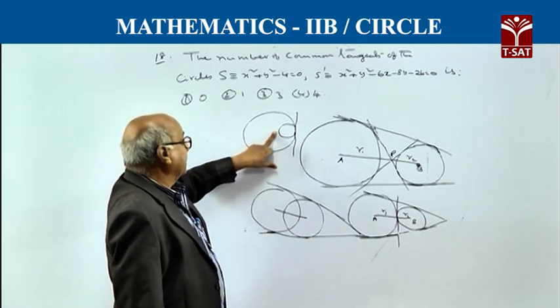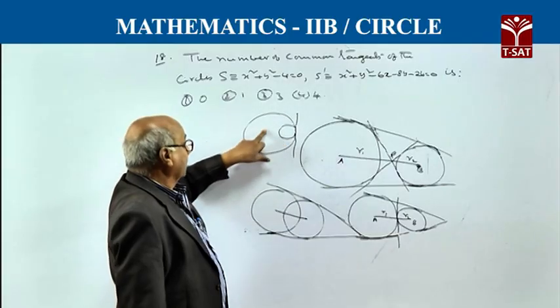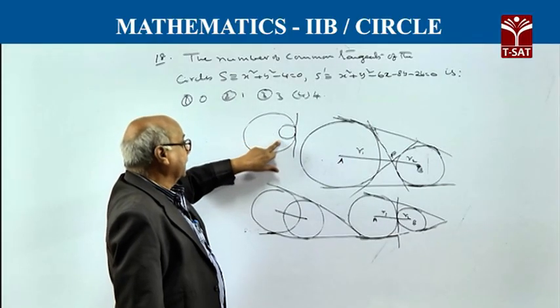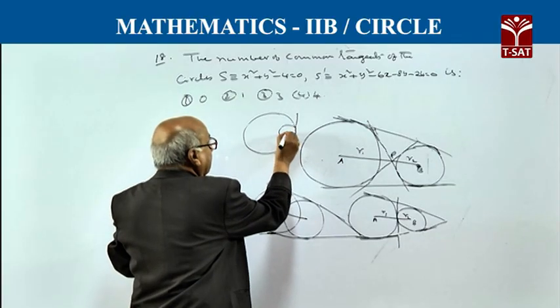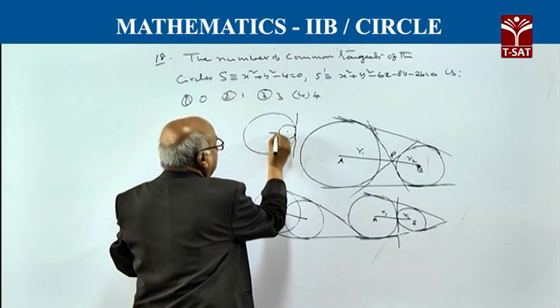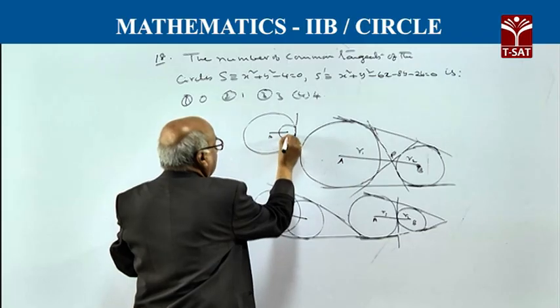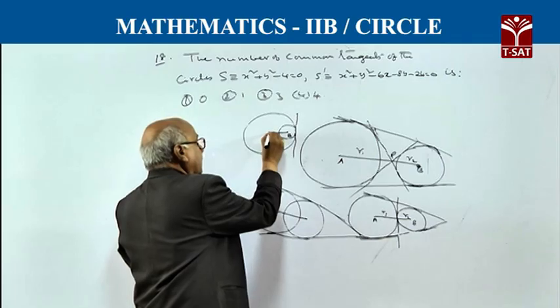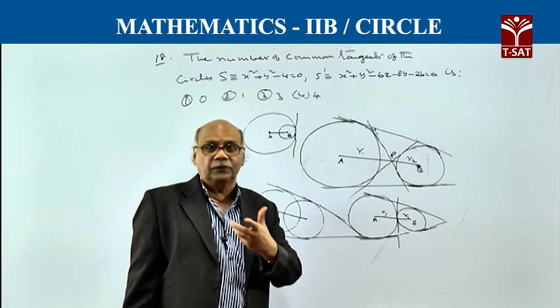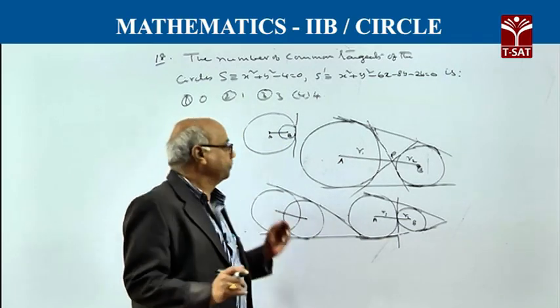Now, if the two circles touch each other internally, there is only one common tangent, and this case happens when AB is equal to the difference of the radii.